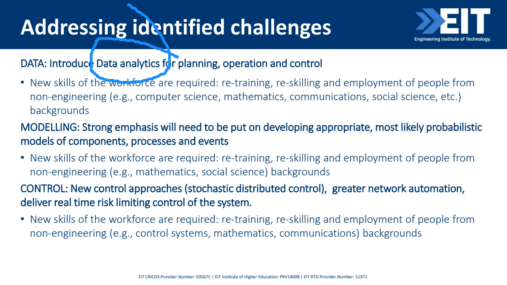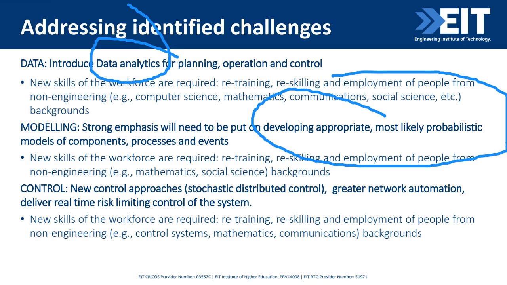For that, I need this new type of people who have got this probabilistic modeling. That means, again, I need new forces. I need either to retrain our people, which is hard, or reskill them, or try and get help from non-engineering people. Again, people from maths and social science. That was my second challenge I had.